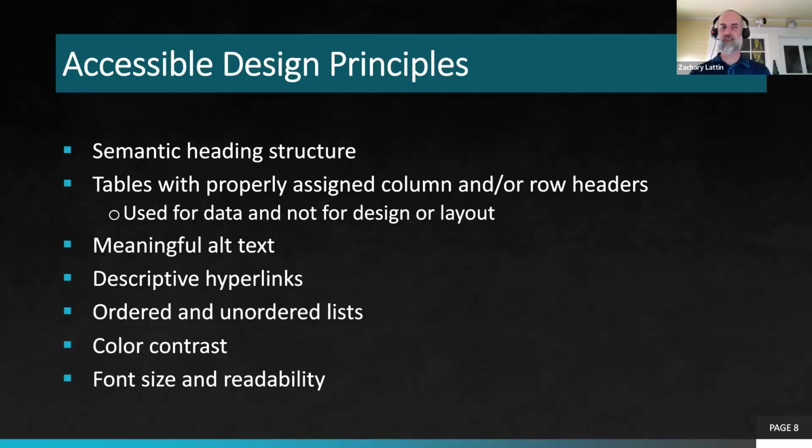If you're a fan of Web Content Accessibility Guidelines, you want to make sure that you have good text foreground to background color contrast. And you want to make sure that your documents have generally good font size and readability. So that's kind of a really fast overview of universal design. Again, there are resources on the previous slide if you have more questions about that.